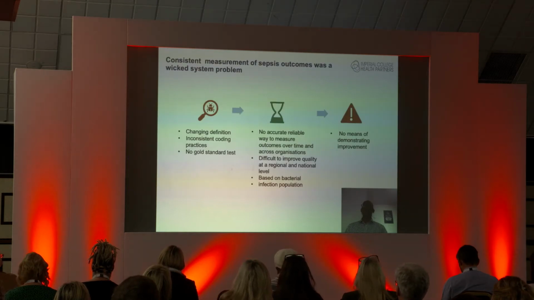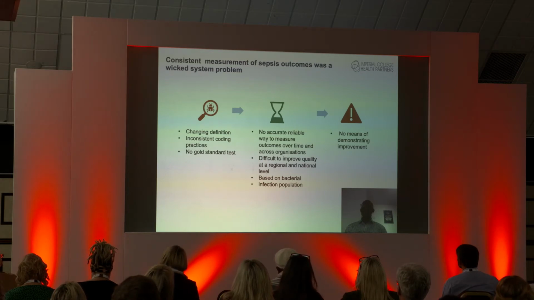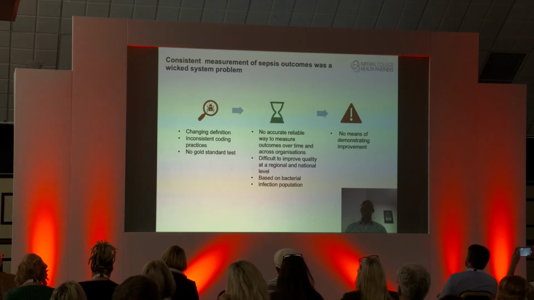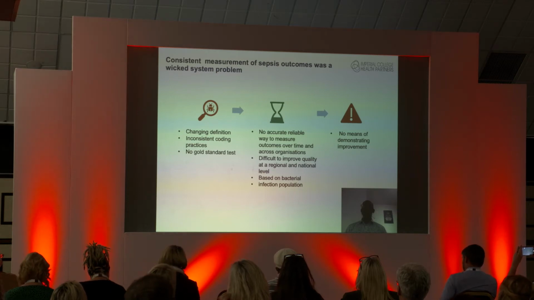The consistent measurement of sepsis outcomes was a wicked system problem, and it was a problem for 3 reasons. First, the definition of sepsis itself has changed over time. Secondly, there are inconsistent practices in coding between clinicians and coders, within coders and within clinicians.